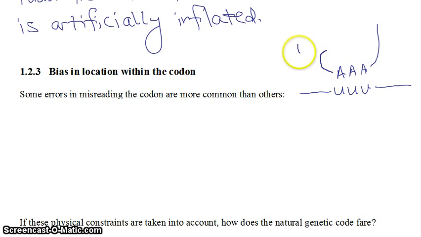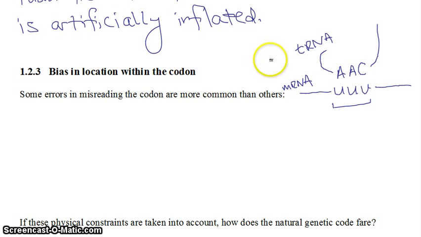So this is your tRNA, and down here is your mRNA. Right, so this codon would code for phenylalanine. There's a possibility that instead of the AAA anticodon tRNA coming, you might get instead a CAA anticodon coming to pair with a UUU. And that would be an error in translation.